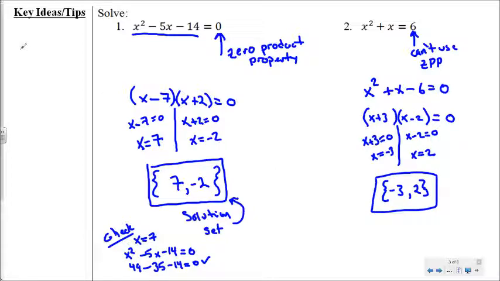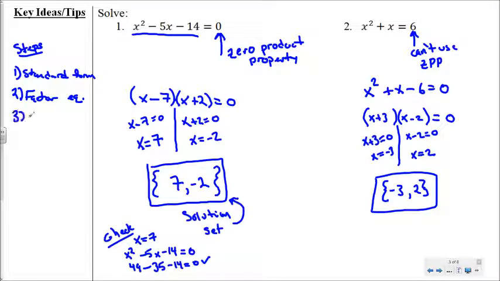So in general, when you're solving a quadratic equation, here are some of the key steps that you'll want to take into account. You'll first need it in standard form, meaning it needs to be equal to 0. You'll then factor your equation so that you can represent it as a product of two terms.